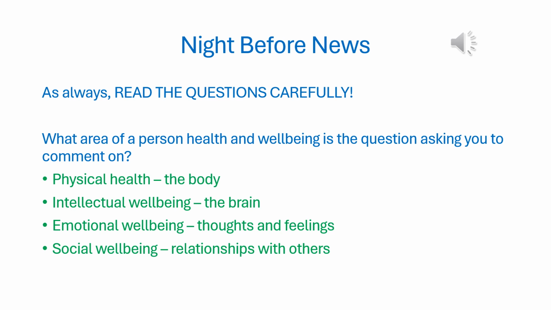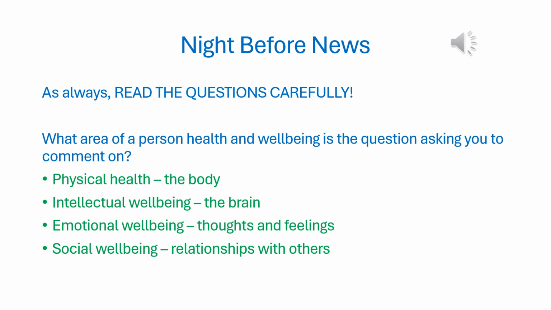So the question might ask you for positive or negative impact on a specific area of health and well-being. So they are essentially your PIES. So you've got your physical health, so that's to do with the body. So if a question is asking you what are the physical benefits or the positive impacts of exercise on physical health, you need to just talk about the body.